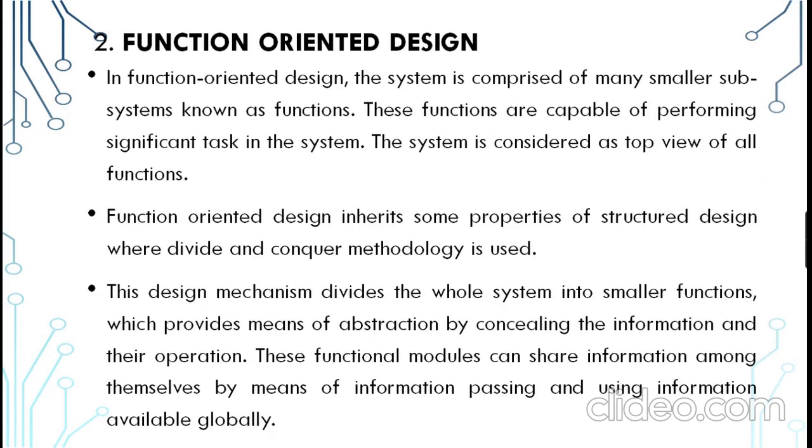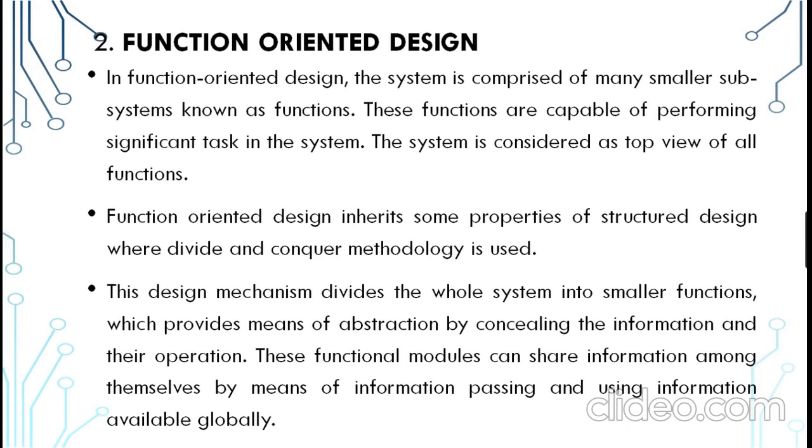The second strategy is the function-oriented strategy of software design, where the system is comprised of many smaller subsystems known as functions. These functions are capable of performing significant tasks in the system.